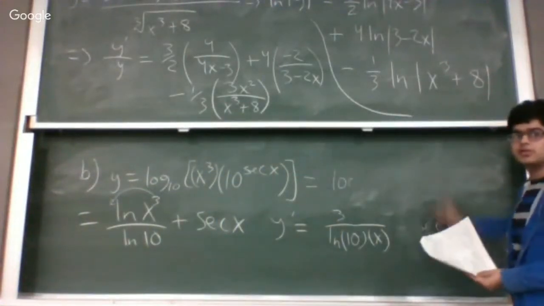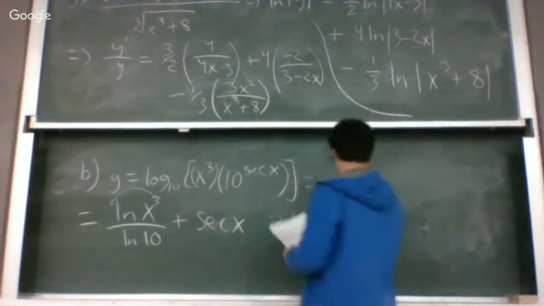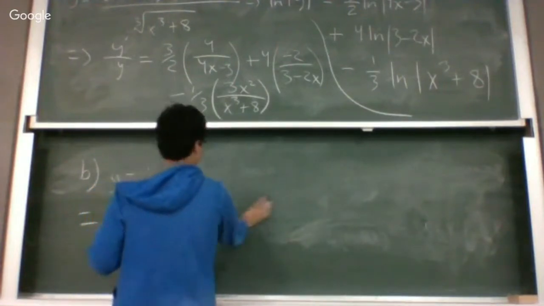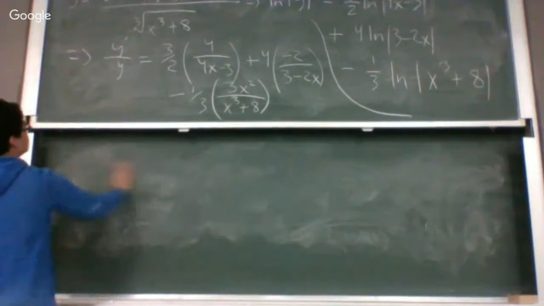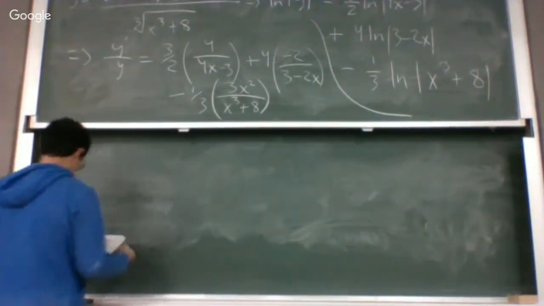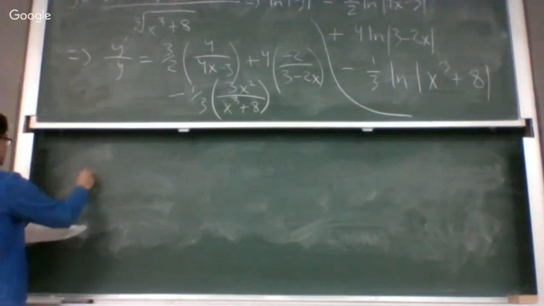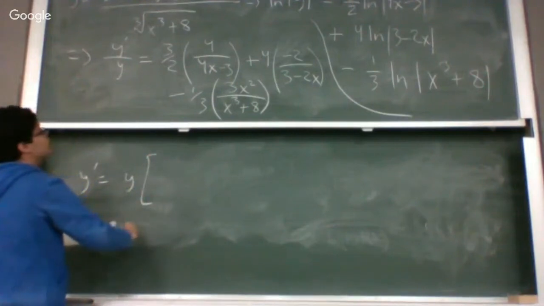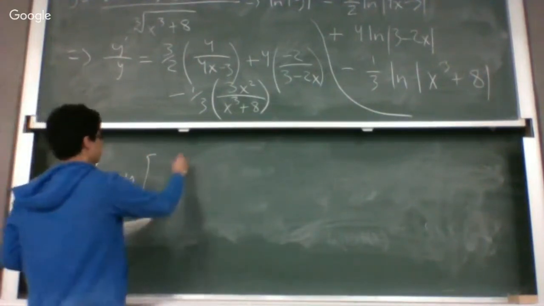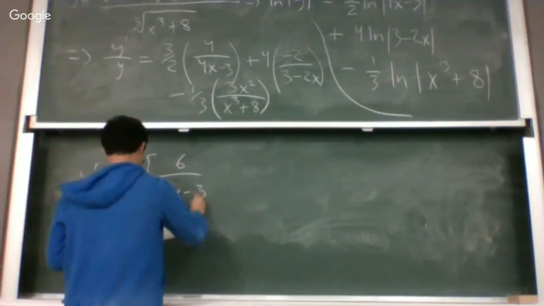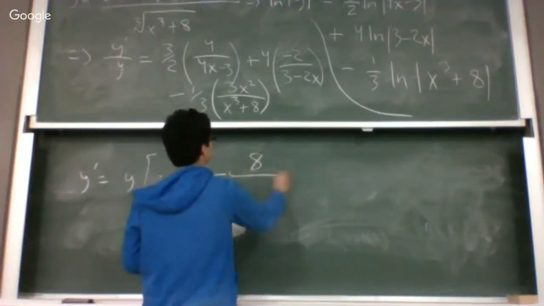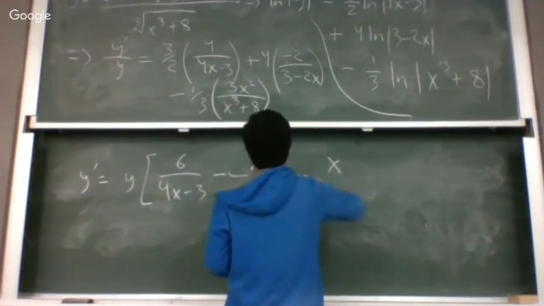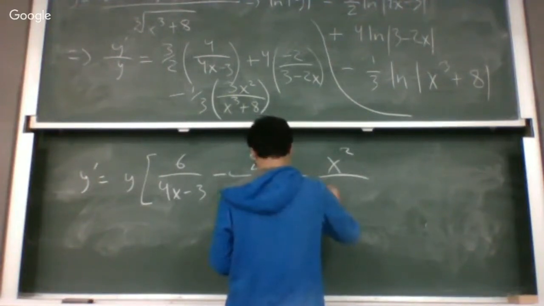Any questions on that part? I mean, if you just remember all the properties, this is simple algebra. So y prime is equal to y times the quantity of 6 over 4x minus 3 minus 8 over 3 minus 2x minus x squared over x cubed plus 8.